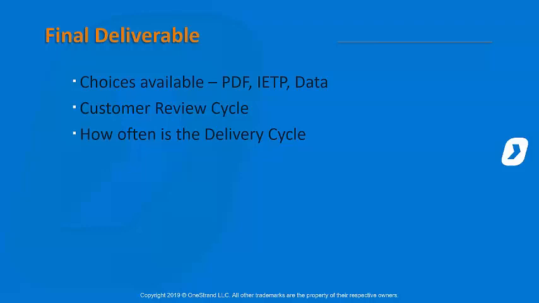So again, identifying what our deliverable is allows us to go backwards to what we need to do. And of course the topic of images, which is what you were saying earlier on: if we're doing PDF, TIFF and EPS are great. If we're doing an IETP, CGMs are good.